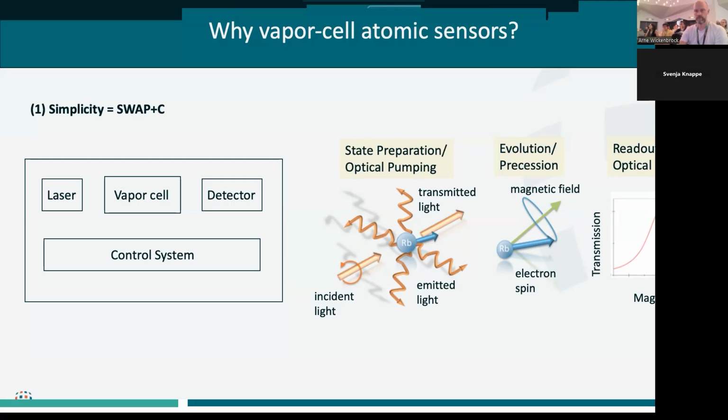We can often even use the same laser for pumping and probing, and that precession can happen continuously. But that is really now where it starts differentiating what type of sensor, what type of magnetometer we are building. But the building blocks are always the same: some kind of state preparation, some kind of evolution, and some kind of readout.